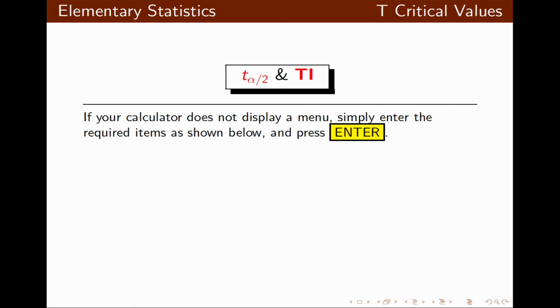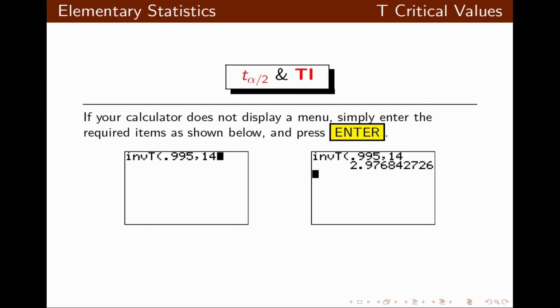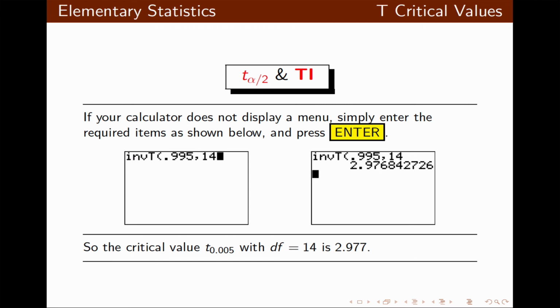Now, if your calculator does not display a menu, we simply enter the required items and then press enter. So we start with the left area, followed by degrees of freedom. Of course, you separate them with comma, and then you hit enter. So the critical value t of 0.005 with degrees of freedom 14 is 2.977.